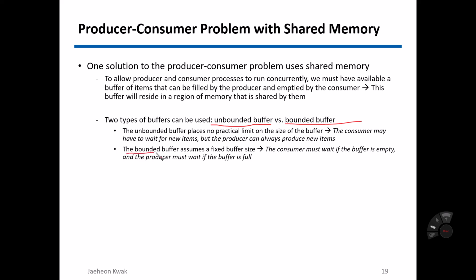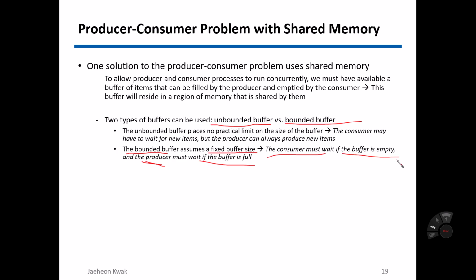Simply, bounded means limited. So a bounded buffer assumes a fixed buffer size, and the consumer and producer have to care about its fixed size. The producer must wait before producing if the buffer is full. When the buffer is full, we cannot add more data into the buffer, right? So the producer has to wait.